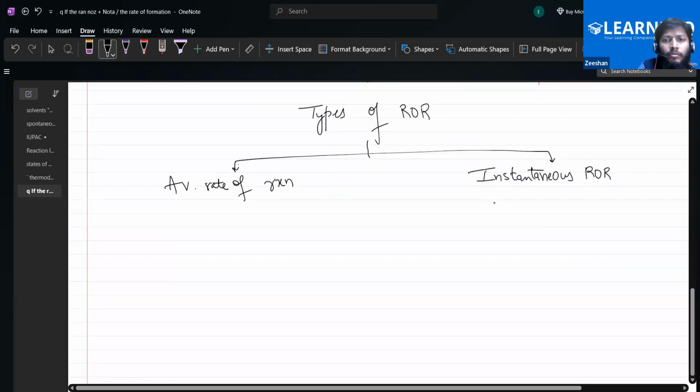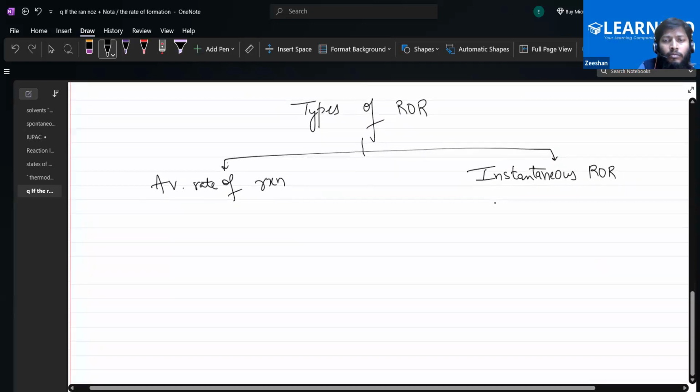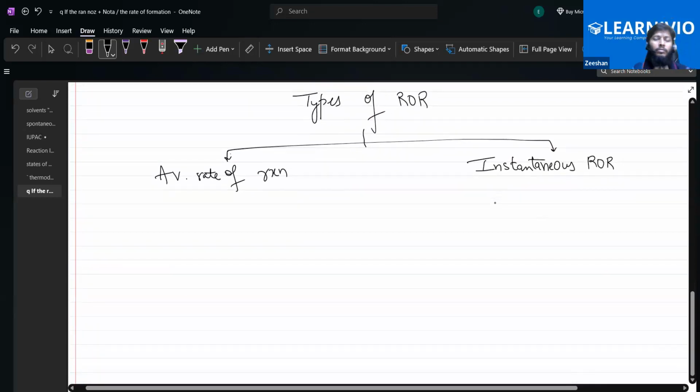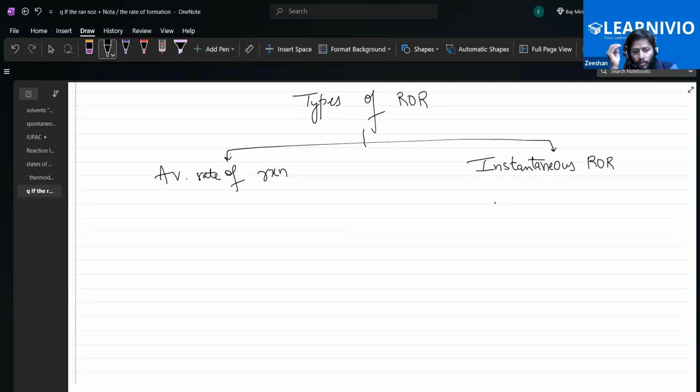A small amount at that particular time, a very small amount of time, at an instant, exactly at a point of time.